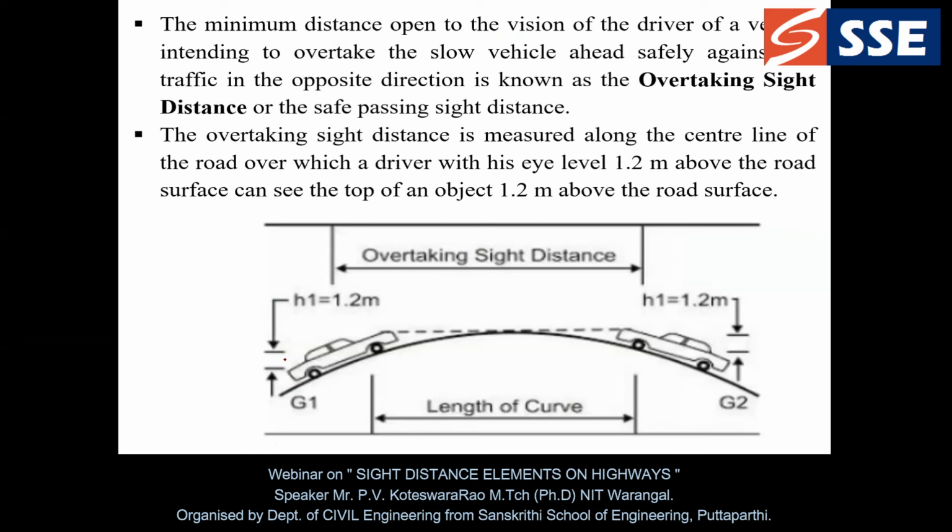The height of the object is fixed as 0.15. Whereas in the case of overtaking, I need to overtake a vehicle, so the height of the object is similar to my own vehicle, that is 1.2 meters as per the standards of IRC. So that one only we need to have.